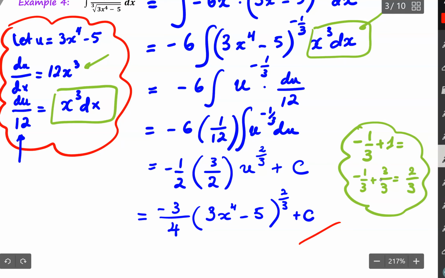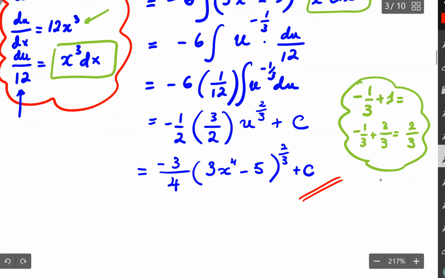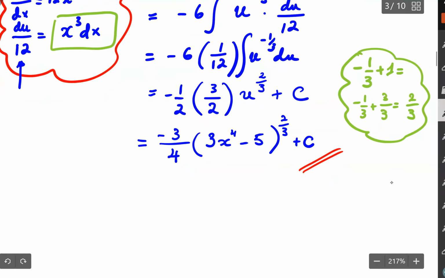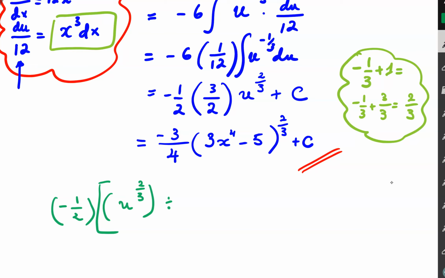Okay, very good. I have a few minutes left, so before I finish, I said that dividing by 2 over 3 means you multiply by 3 over 2, so I can quickly show everyone as a step below here. You have -1/2, and you have u to the 2/3, and you divide this whole thing by 2 over 3.